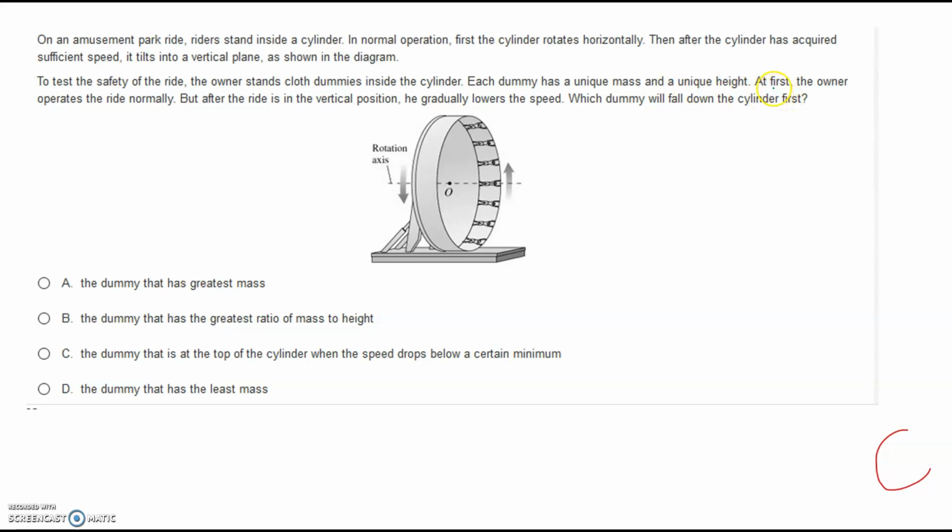At first, the owner operates the ride normally, but after the ride is in the vertical position, he slows the speed. Which dummy will fall down first? And it's whichever one is up here at the top, because as it slows down, the centripetal force is not going to be able to hold them, and gravity is going to overcome the centripetal force. So that's why it's this one.